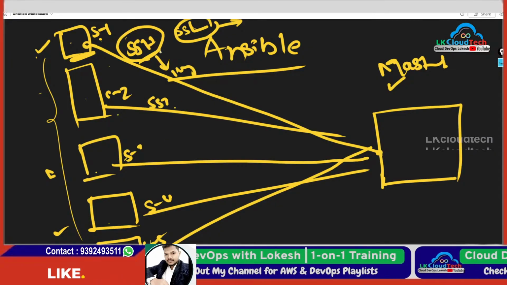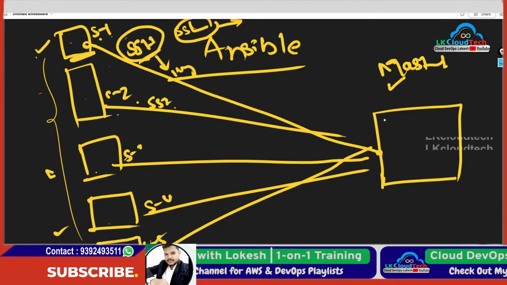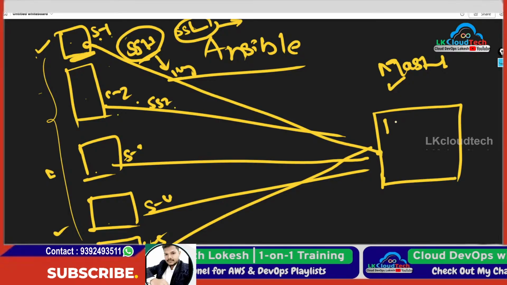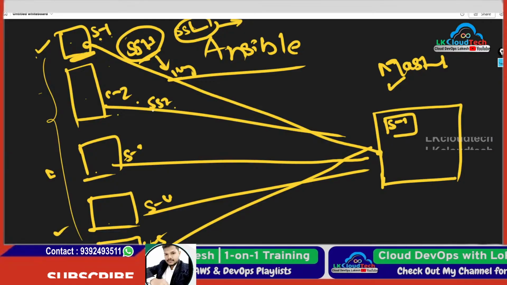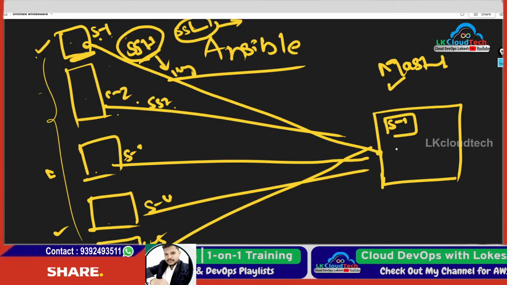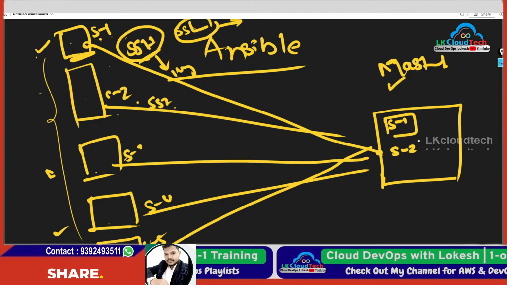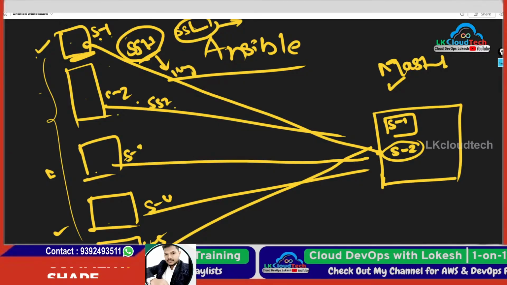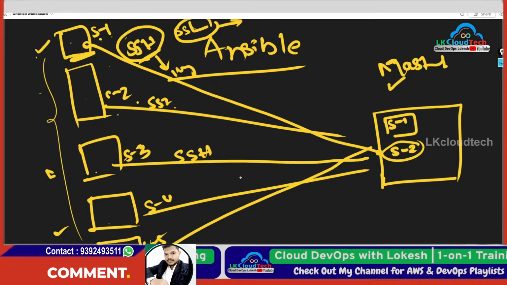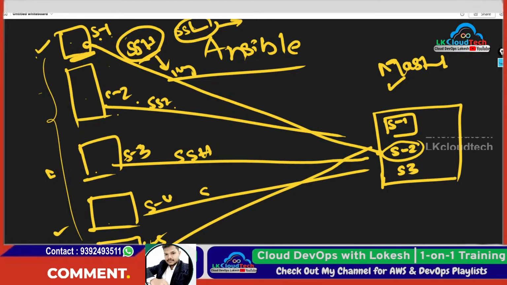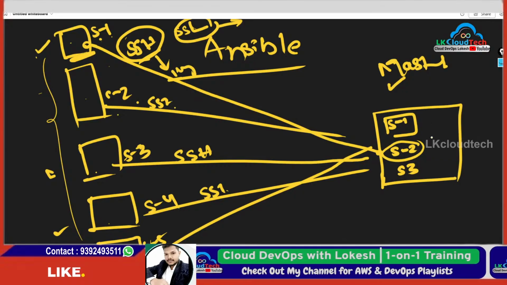Now you have taken an SSH connection for this system and this system. Suppose you can access system 1. If you connect using SSH, you can have access to system 2; with an SSH connection, you can connect to system 3, then system 4, and the same way system 5.